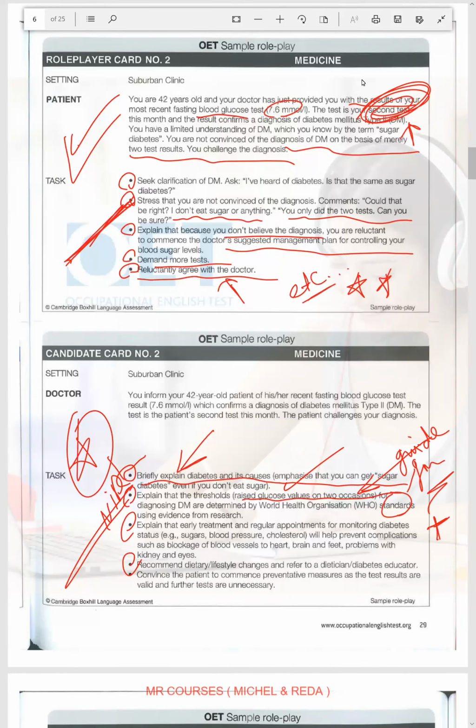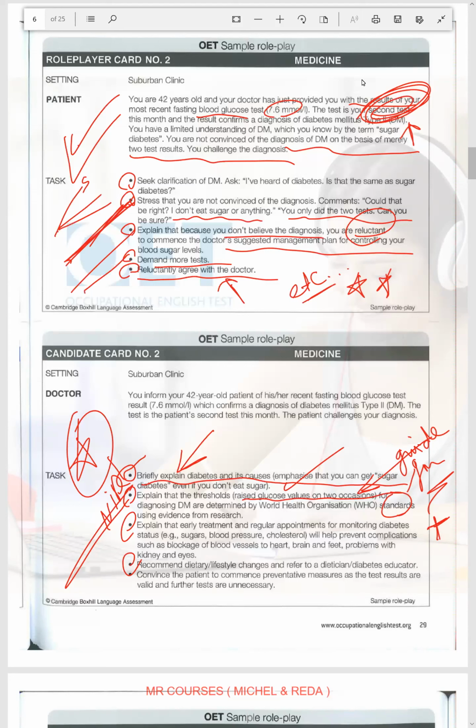Okay, demand more tests. He is not convinced. I'm not convinced, doctor, really. I will not do that because I don't believe that this is the diagnosis. I'm really sad. He is reluctant now. You have to show sympathy. Oh, I really appreciate your fears.